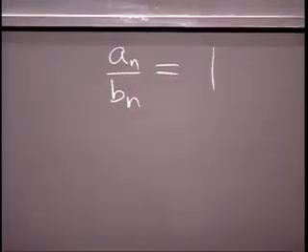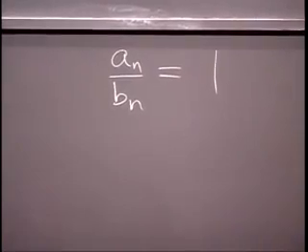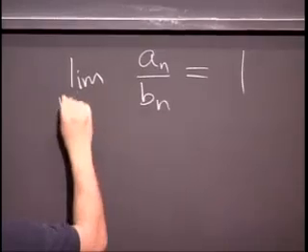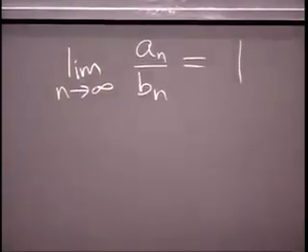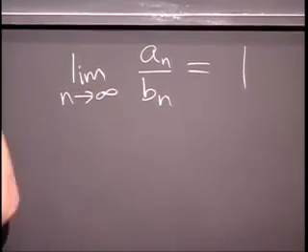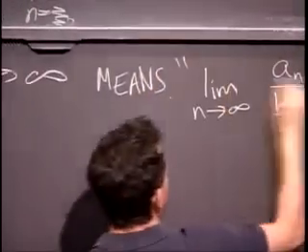But that's a little bit too much to expect. After all, they don't have to be equal. They have to be almost equal, in a way. So it's this: the limit of the ratio is 1. So this means, I'll put them in quotes.